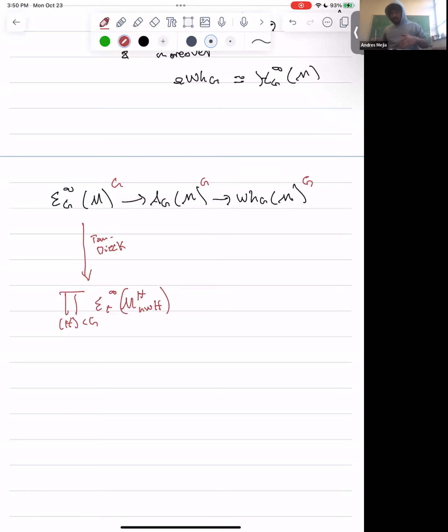It splits into non-equivariant suspension spectra, but you replace the spaces with the H fixed points of your manifold, and then you take something called homotopy orbits. I'll say more about that in just a moment.